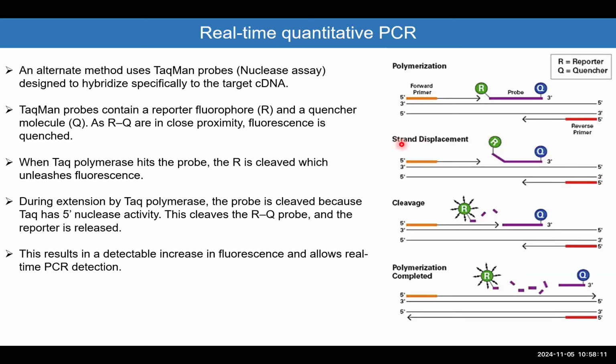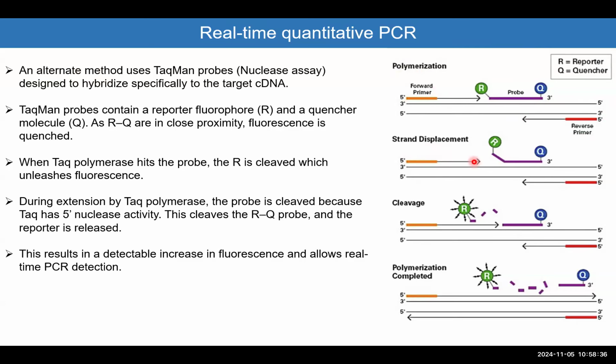Obviously, the probe will bind only when you do the process of denaturation. So you have to denature the DNA so all the DNA is single-stranded, and then you do the annealing step. During the annealing step, the forward primer, the probe, and the reverse primer all bind to that DNA. And then the polymerization starts to take place.